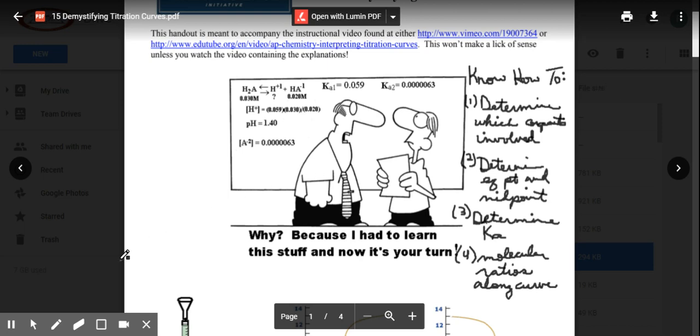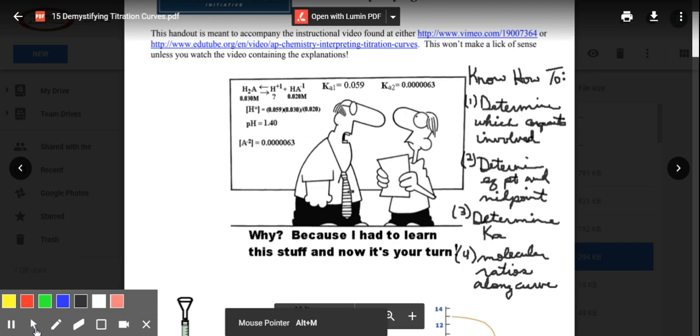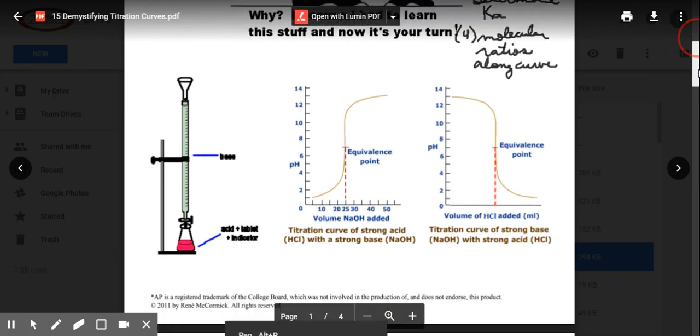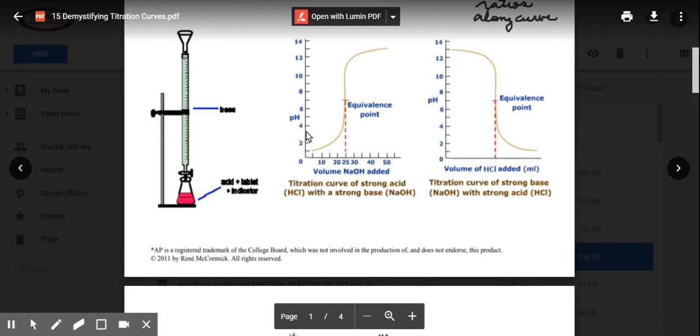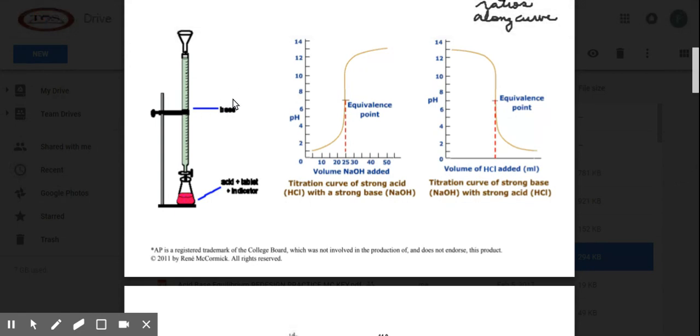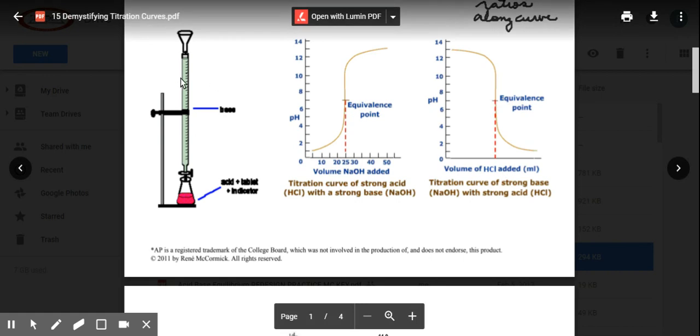All right, so now that we have a clear understanding of what you have to be able to do from a titration curve given to me, let's go into this page and decipher what we need to do. So this is our titration setup that we have here. Again, the burette, this one obviously contains the base, but it doesn't have to be the base.